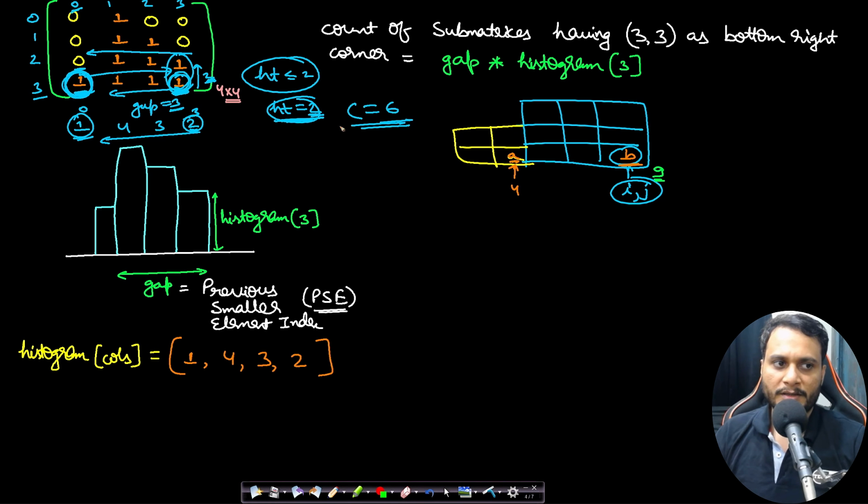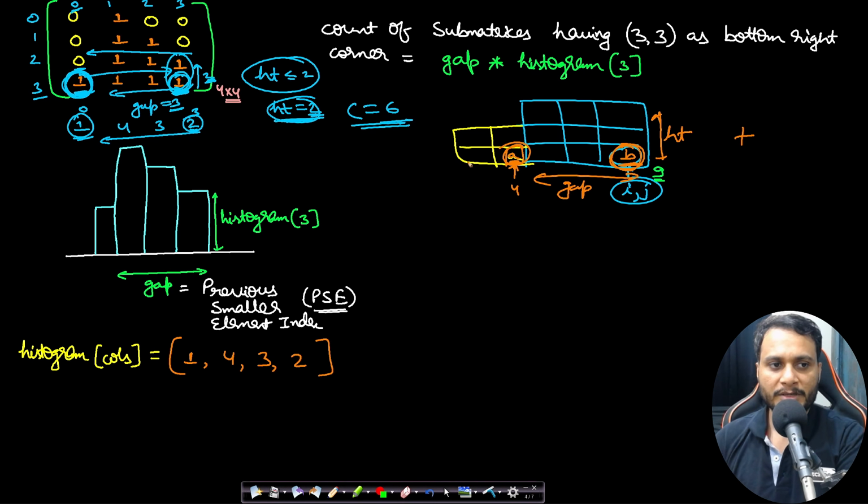So the point is, when we see an A which has a height smaller than the height at B, then all the submatrices ending at A can be extended to end at B, and therefore the submatrices ending at B will be equal to this gap multiplied by this height plus the count of submatrices ending at this A, right?